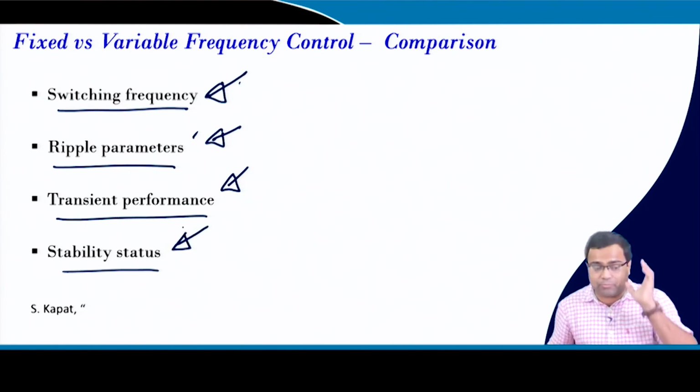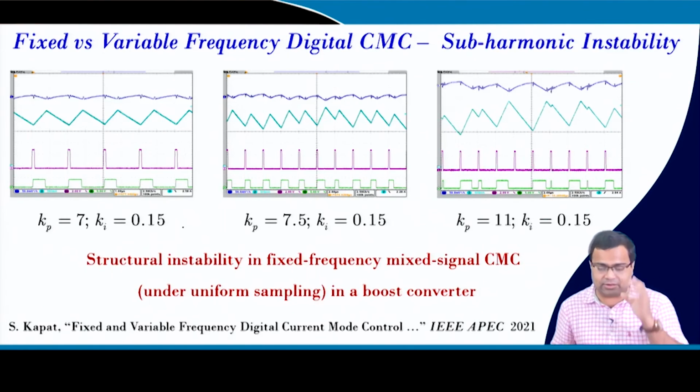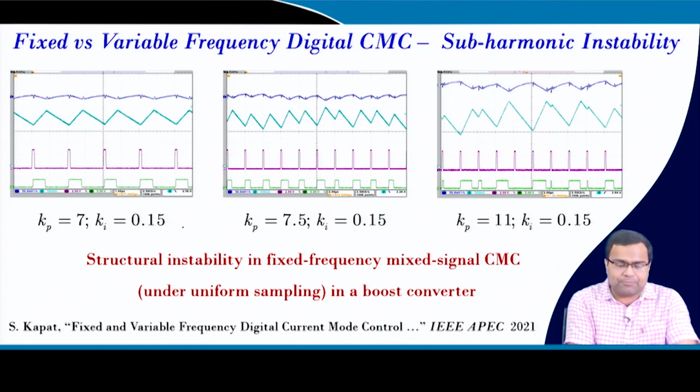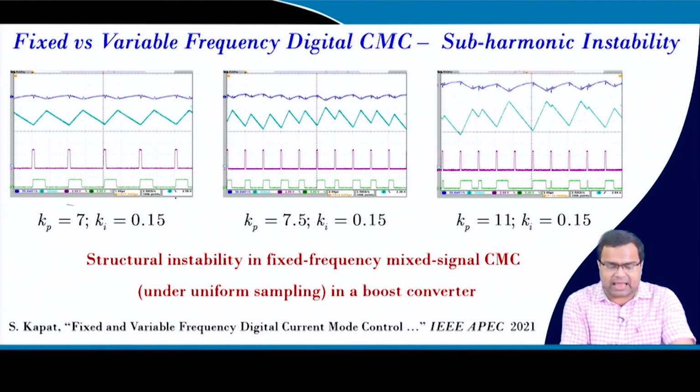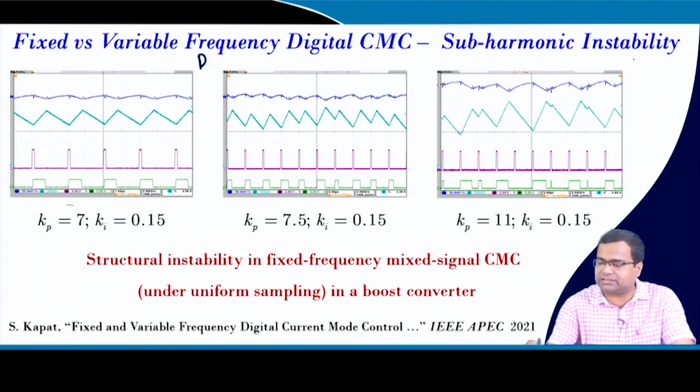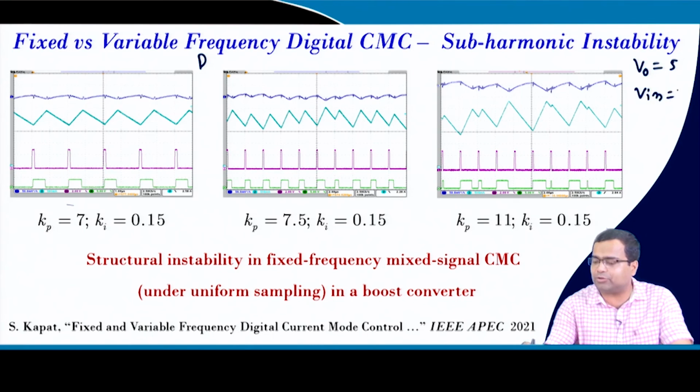But more interestingly, in APEC 2021, we have shown that even if you take peak current mode control in mixed signal, that means in a digitally controlled converter, if you simply increase the gain, and here the duty ratio is much lower, the output voltage is 5 volt and input is 3.3 volt.